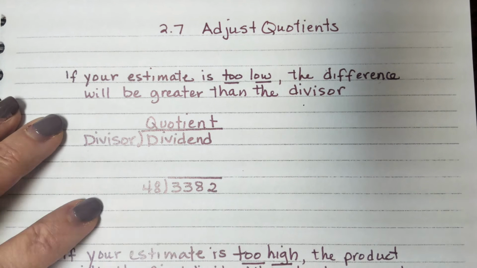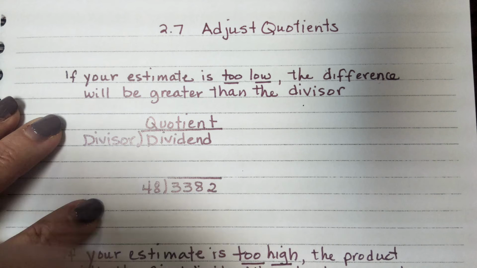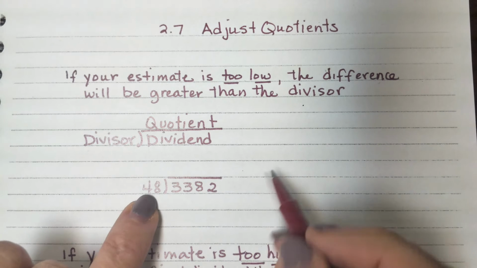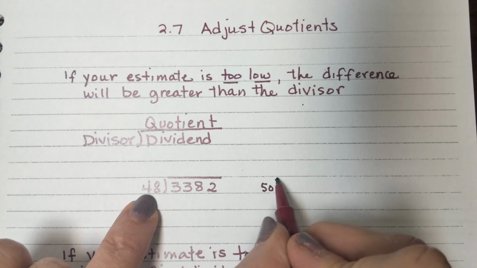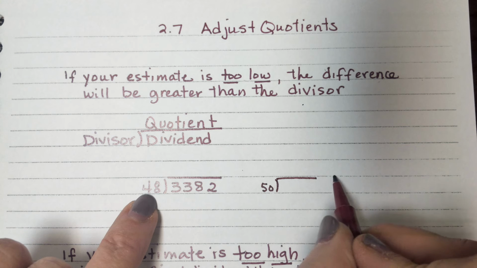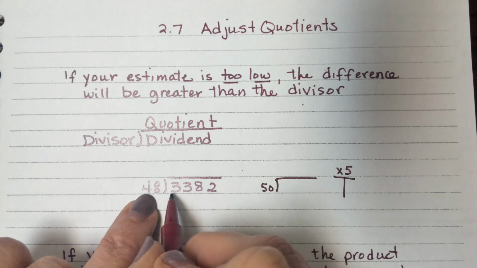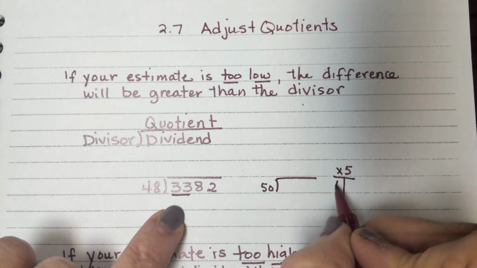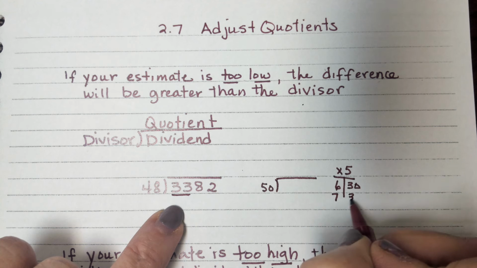3,382 divided by 48. And so when we were doing adjusting with a two-digit divisor, we learned that we could take 48 and round it to 50. And looking at our fives times tables, we can get really close to 33. So I went 6 was 30 and 7 was 35.